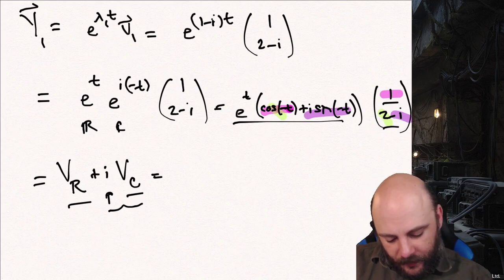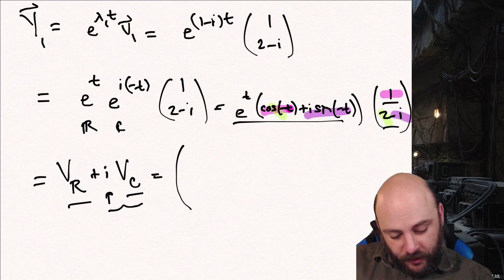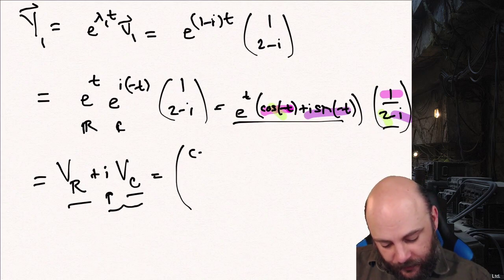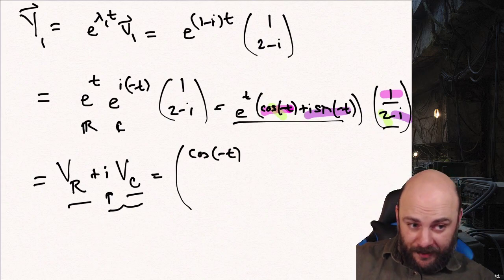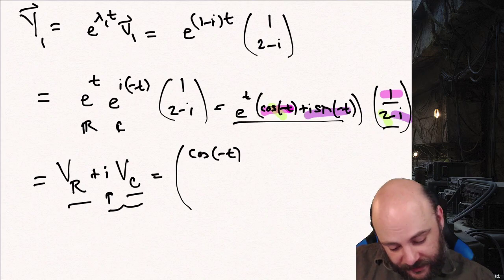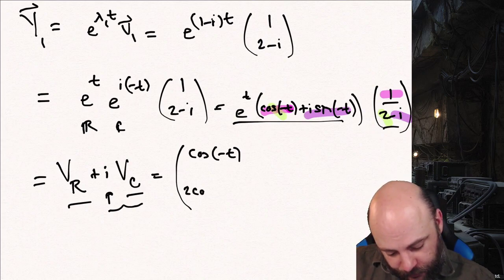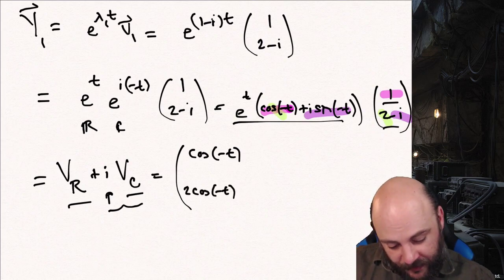So to write this as a vector, cosine times the 1: cosine of -t. There is nobody else in the top spot that produces real values. Cosine times the 2: 2 cosine of negative t goes in the bottom.